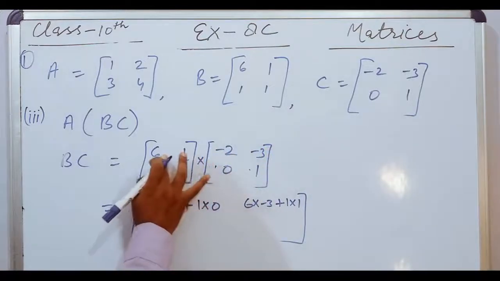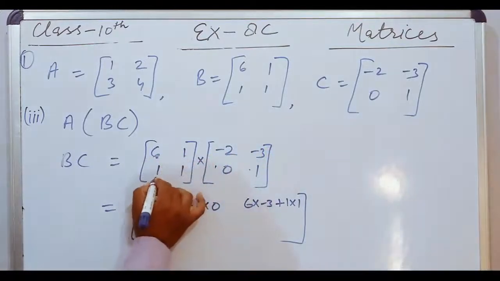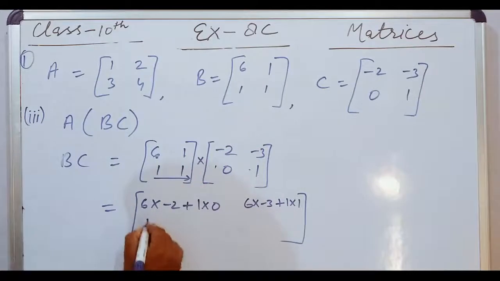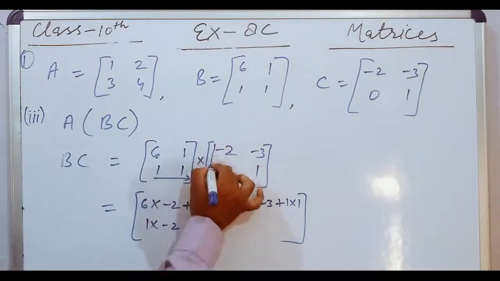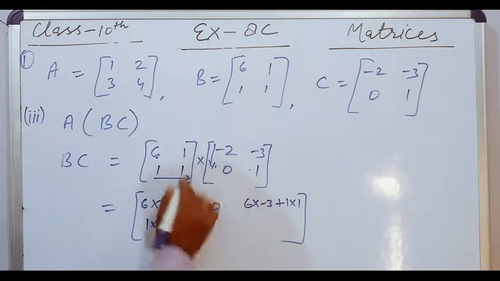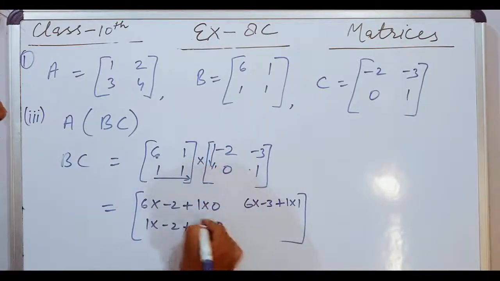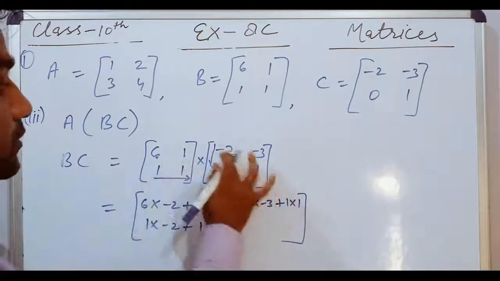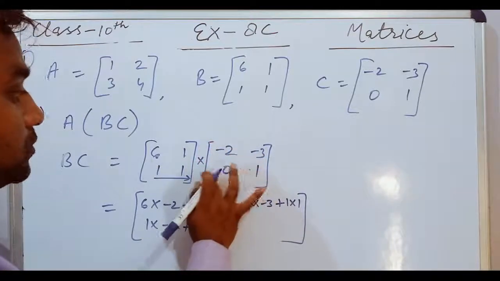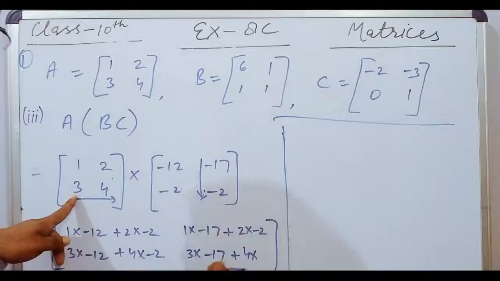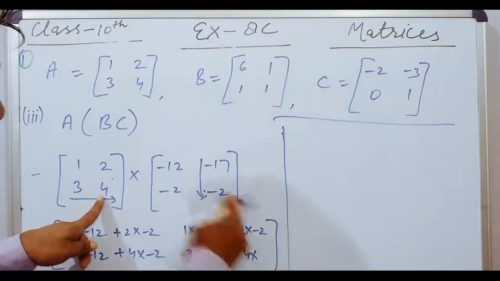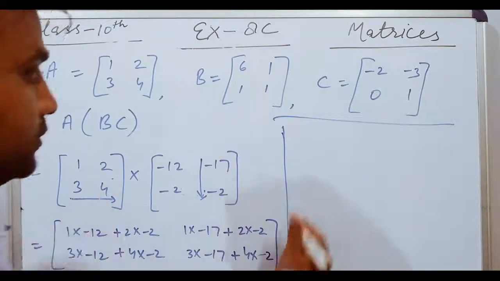Now 1 into minus 2 plus 1 into 0. Then 1 into minus 3 plus 1 into 1.